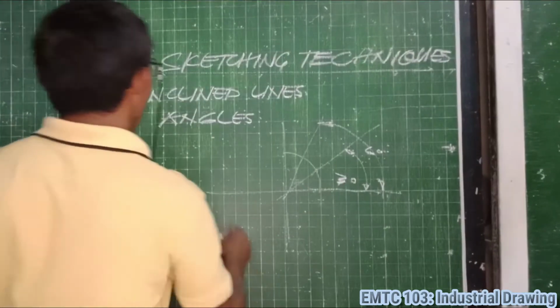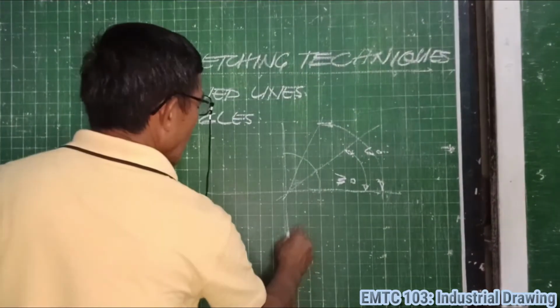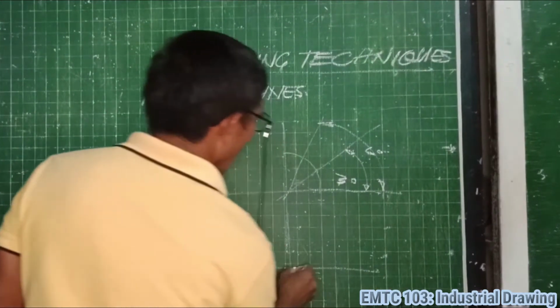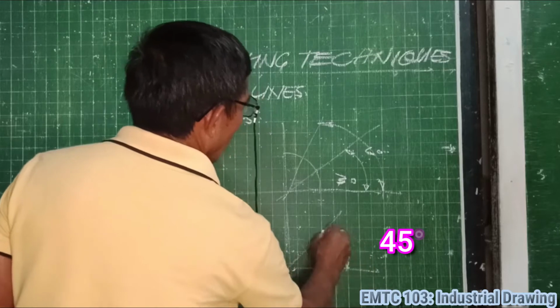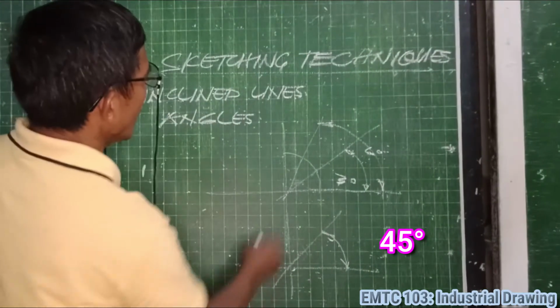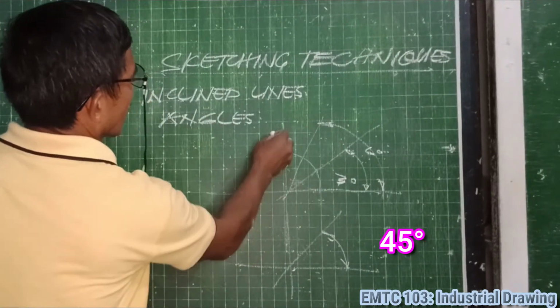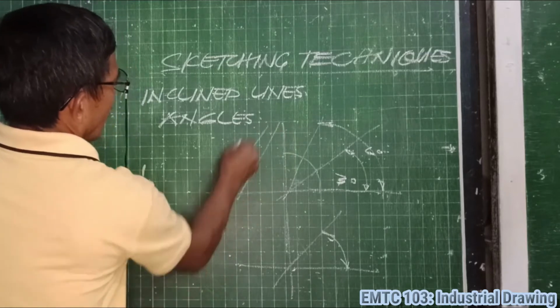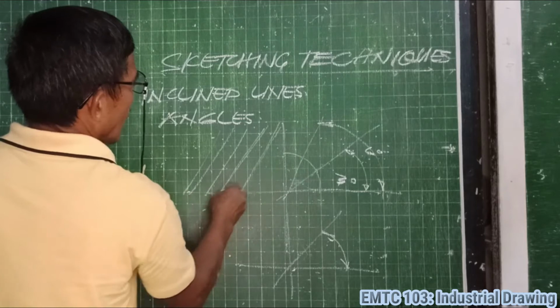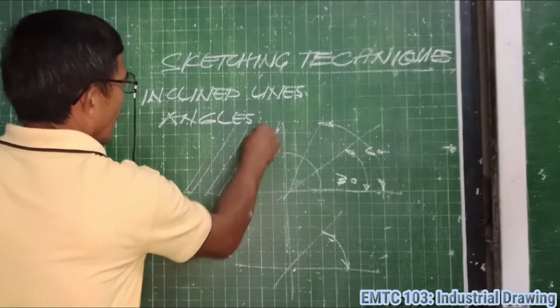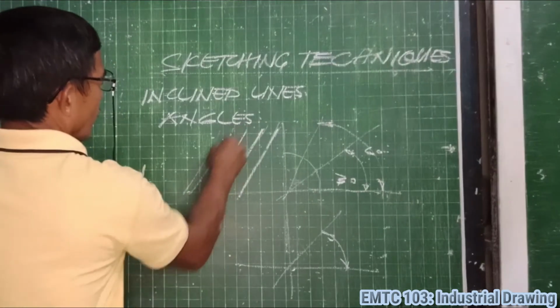Then if you want 45 degrees, you just divide this into 2, that is 45 degrees. If you draw 60 degrees, you just draw a line parallel to this, like that. It is approximately 60 degrees, then followed by a dark line.